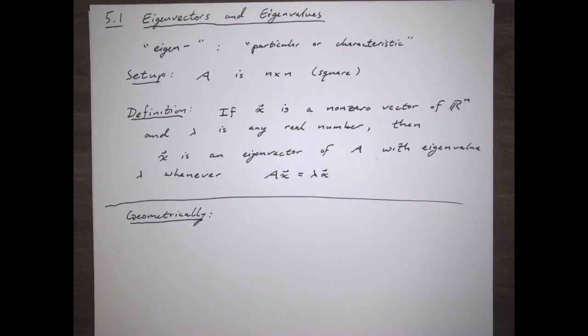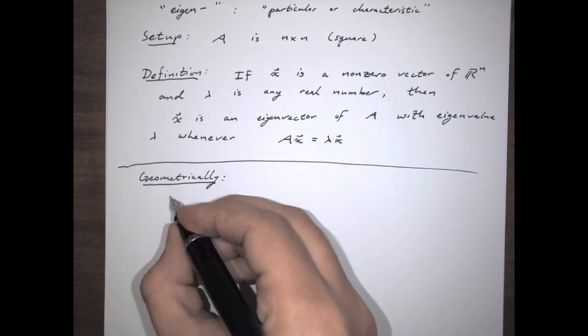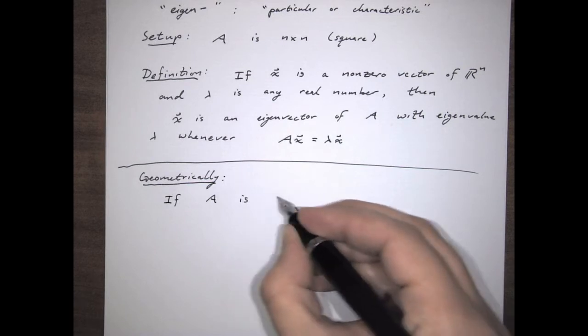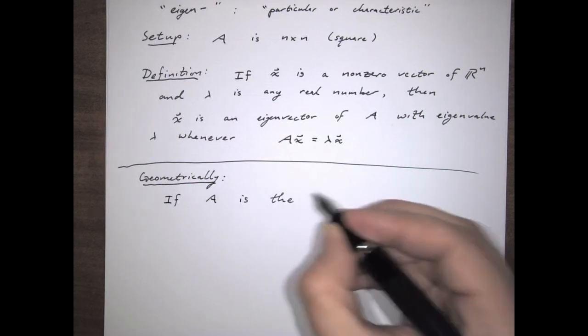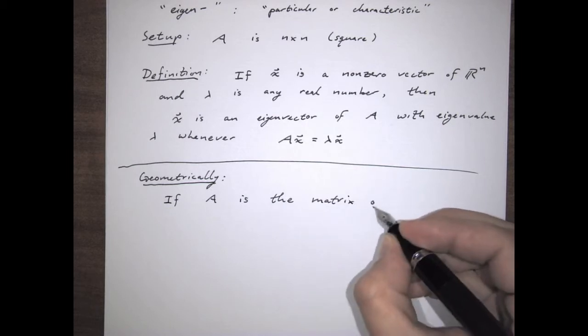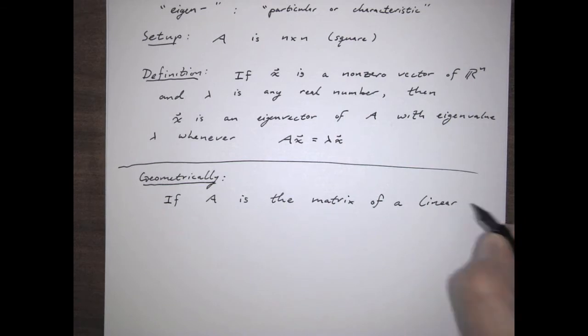if we consider A to be a transformation, a linear transformation, so if A is the matrix of a linear transformation, remember those?